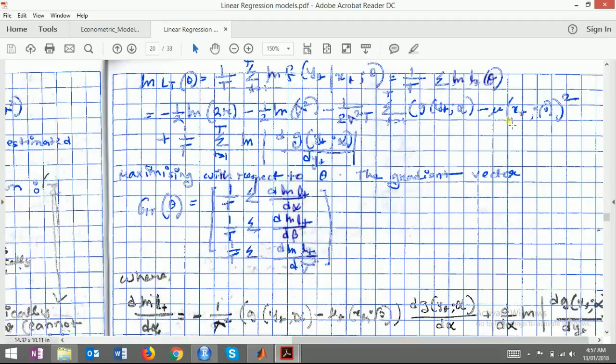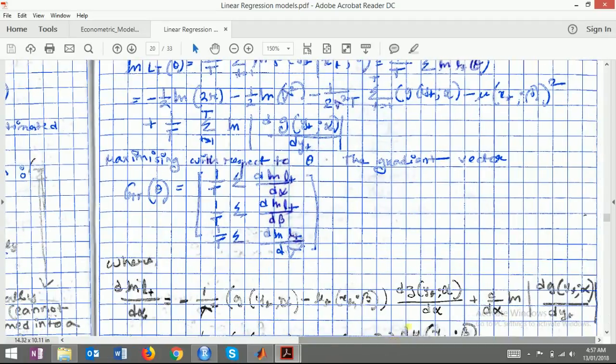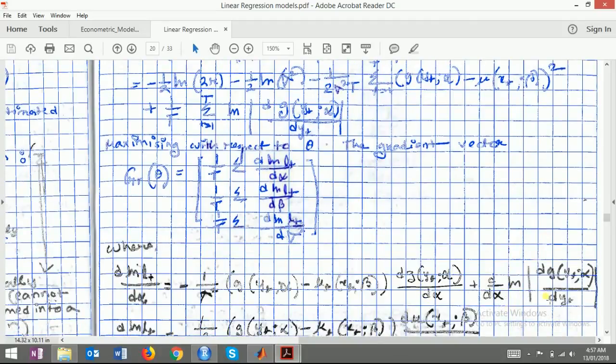Plus d by d alpha of log of d by d yt of g of yt, alpha.